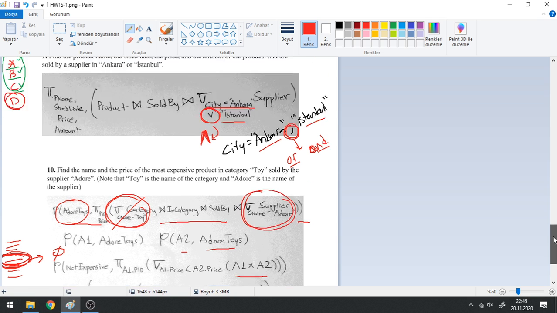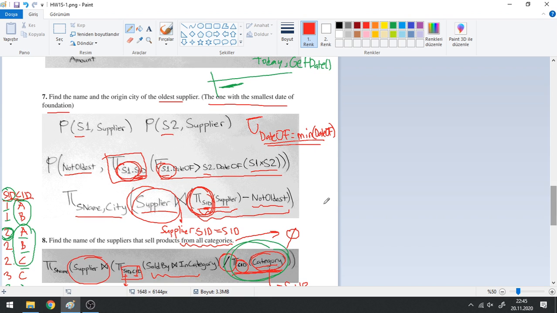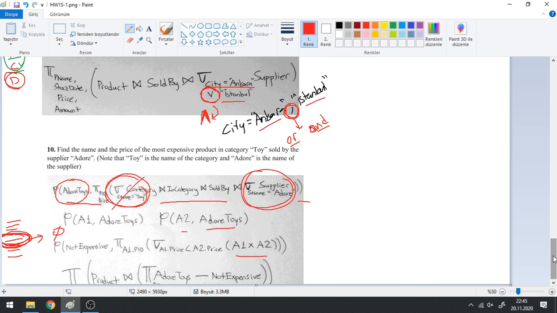And for these minimum and maximum questions, there is also one more solution. So in here we are finding the max, right? And in here what we can say is, okay, let me try to write it.